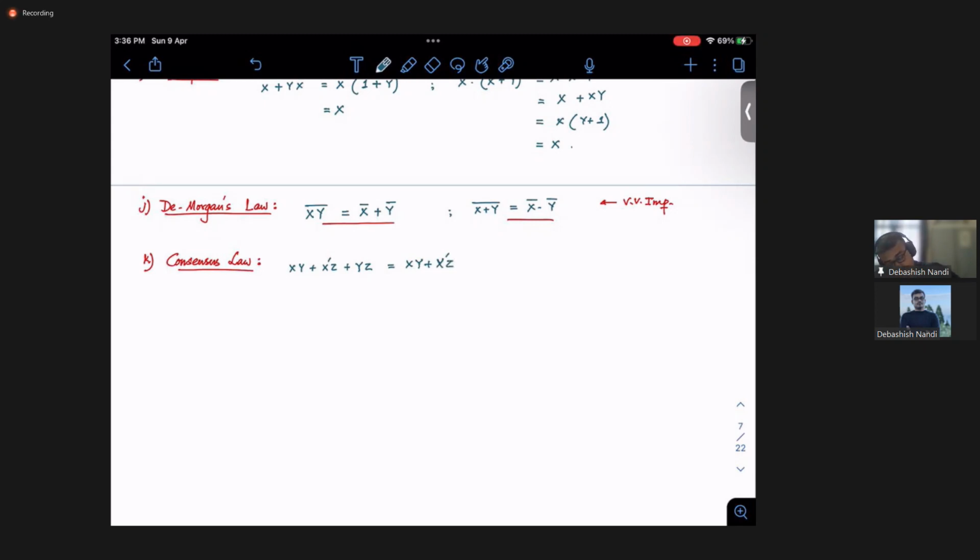Similarly, if you have x plus y, x prime plus z, and you have y plus z, then you have this x plus y and x prime plus z.